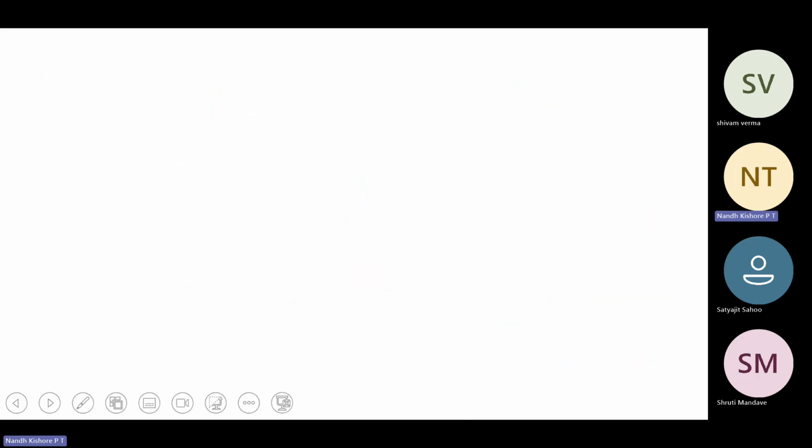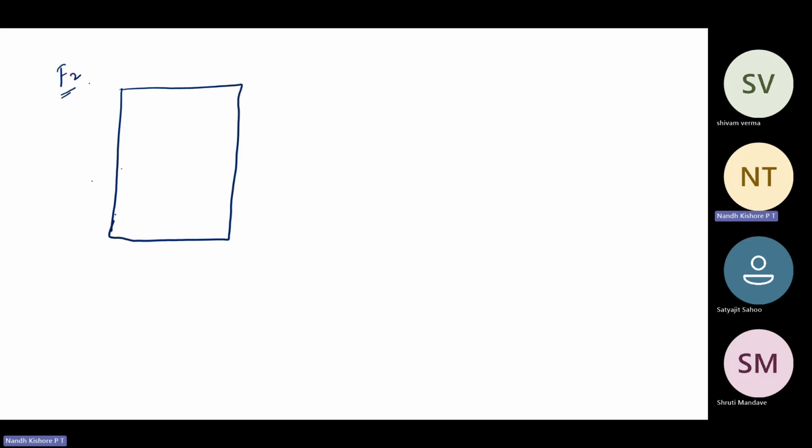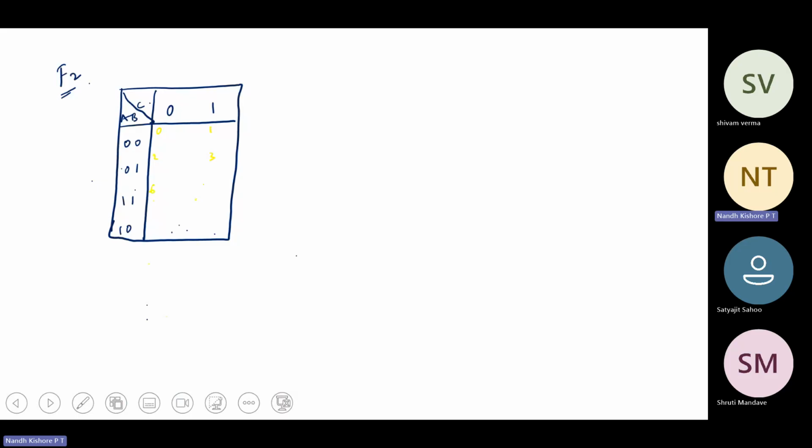Okay, so let's write for F2 then. As you requested, we will do it in a table with A, B, and C. Let's name these: this is 0, this is 1, then this is 2, this is 3, this is 6, this is 7, this is 4, and this is 5.